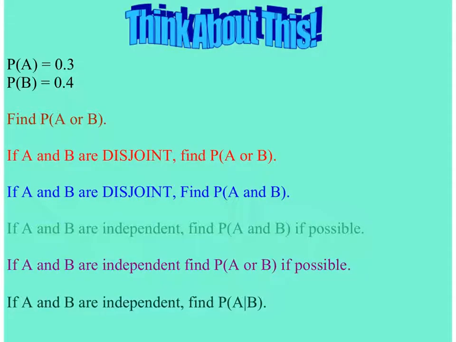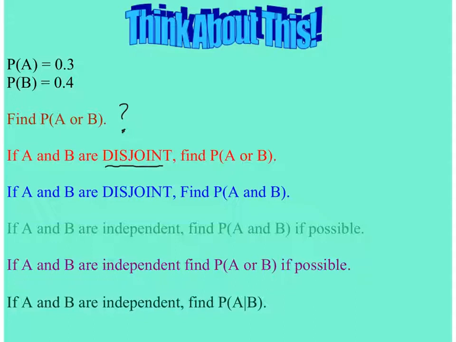So, probability of A is 0.3, probability of B is 0.4. First, find the probability of A or B. Well, we don't know. We need more information. Now, in the next line, it says if A and B are disjoint, find the probability of A or B. Remember, disjoint means we just get to add.